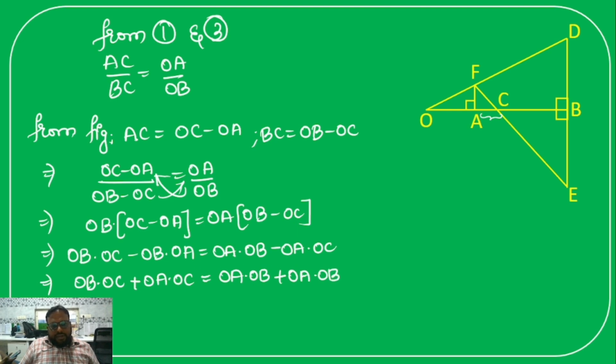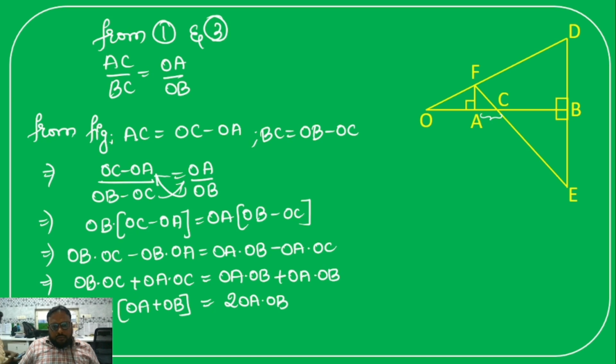So out of these two, I can take out OC common. I'll be left with OB plus OA, or OA plus OB anyway, right? Here I'll be left with 2 into OA into OB. This is the part I got up to here.